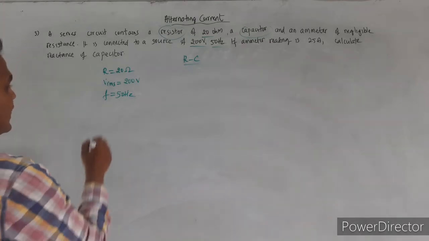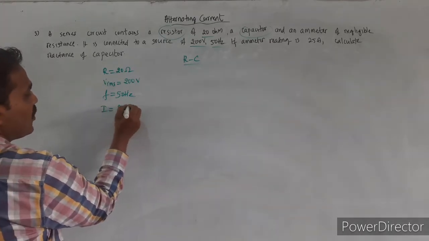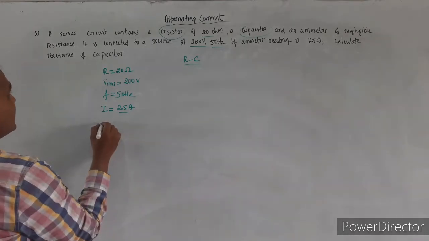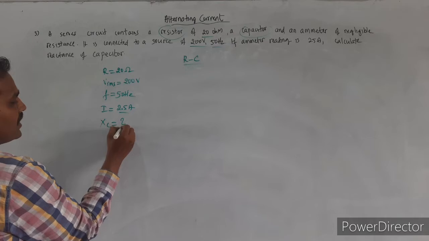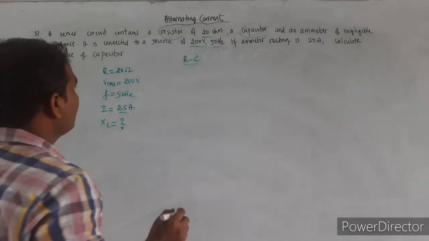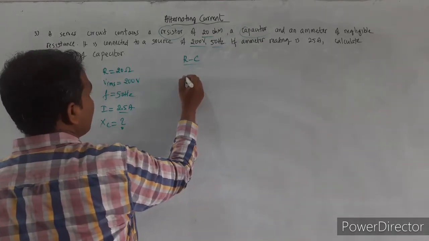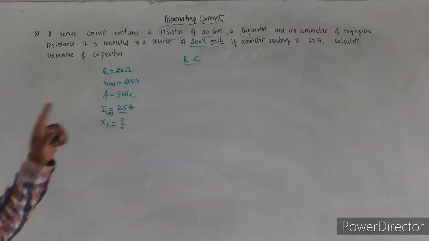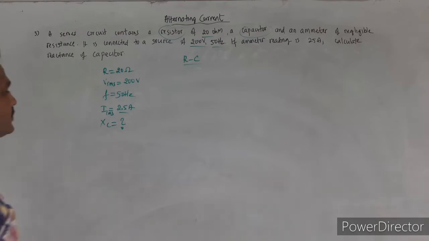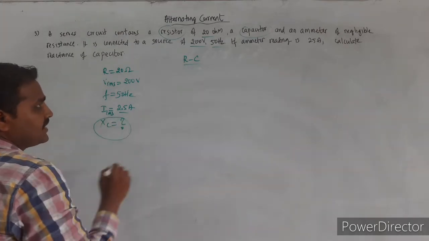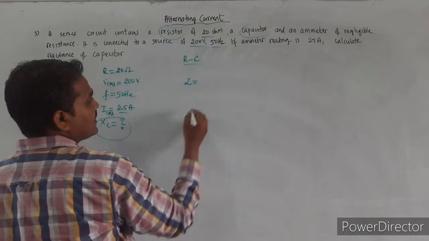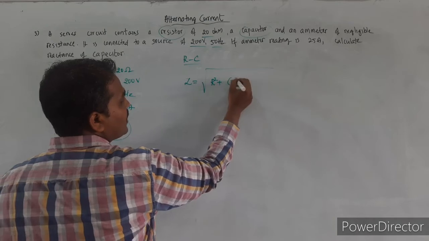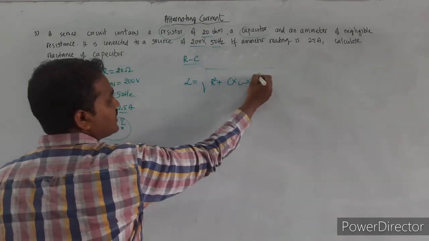Then the current in the circuit is equal to 2.5 amperes, and we have to find the value of reactance of the capacitor, XC. Whatever 2.5 ampere is there, we consider it as IRMS. The general expression for impedance is Z is equal to root of R square plus XL minus XC whole square.